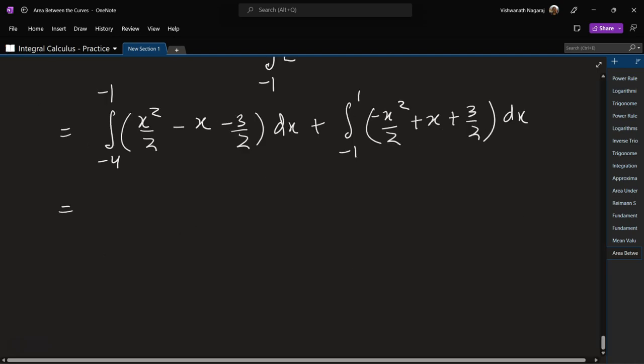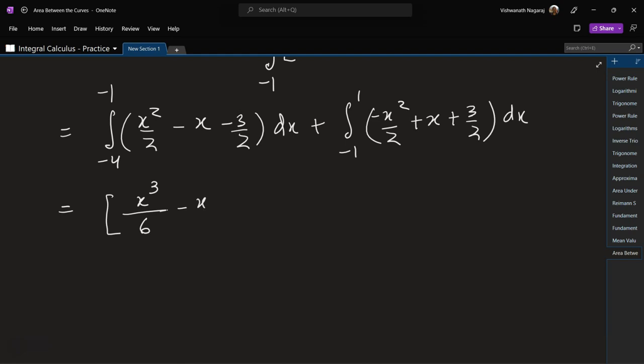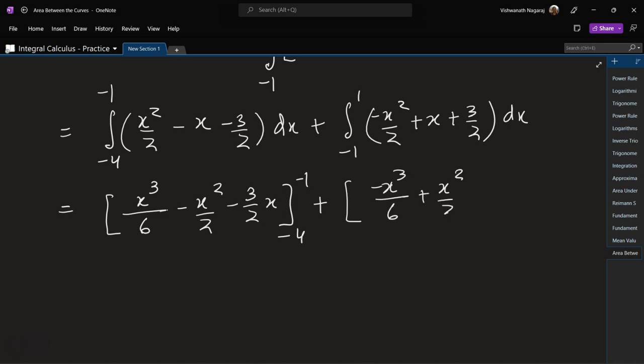Let's do the integration. x cube by 3, 2 is already there, so 6, minus x square by 2 minus 3 by 2x from minus 4 to minus 1, plus minus x cube by 6 plus x square by 2 plus 3 by 2x from minus 1 to 1.